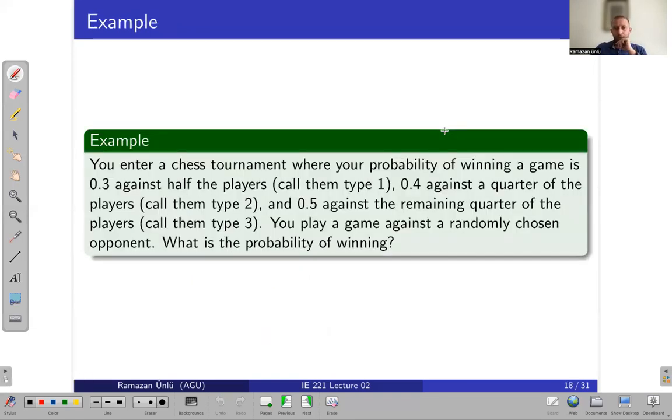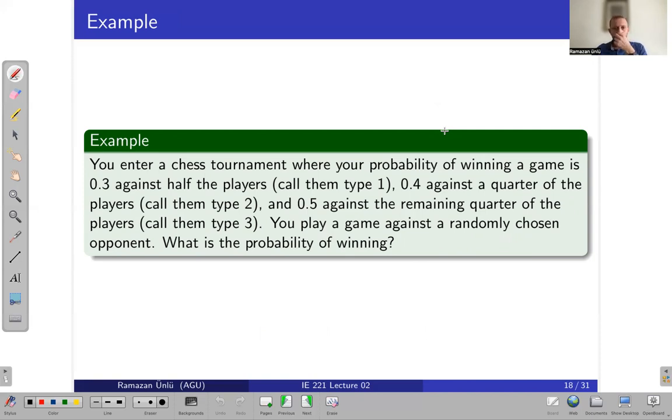Okay, let's make it more concrete with an example. Let's say you enter a chess tournament where your probability of winning a game is 0.3 against half of the players. This is type 1, the hardest players.